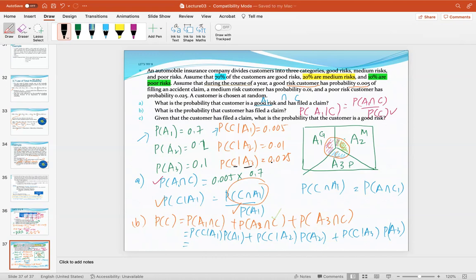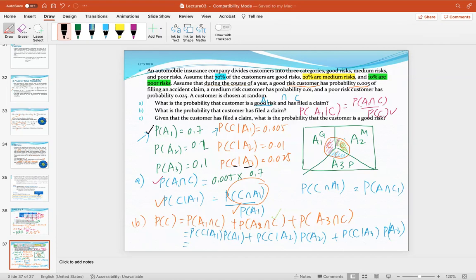What is the probability that the customer is good risk and files a claim? Okay, the A part. So A1 and C. We know that P(C|A1) is probability of C and A1 over P(A1).